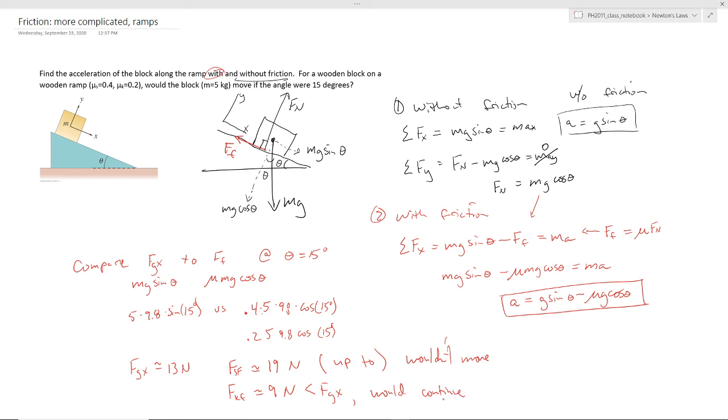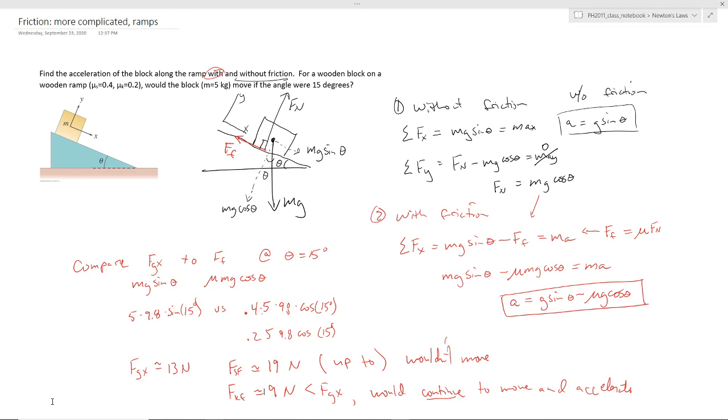And I should be careful. It would continue to accelerate, really, because the force of gravity along the ramp is larger than the force of kinetic friction that would be opposing its motion. And then you could find the magnitude of that acceleration using this expression. We could plug in our angle and our coefficient of kinetic friction and figure out what the acceleration is.